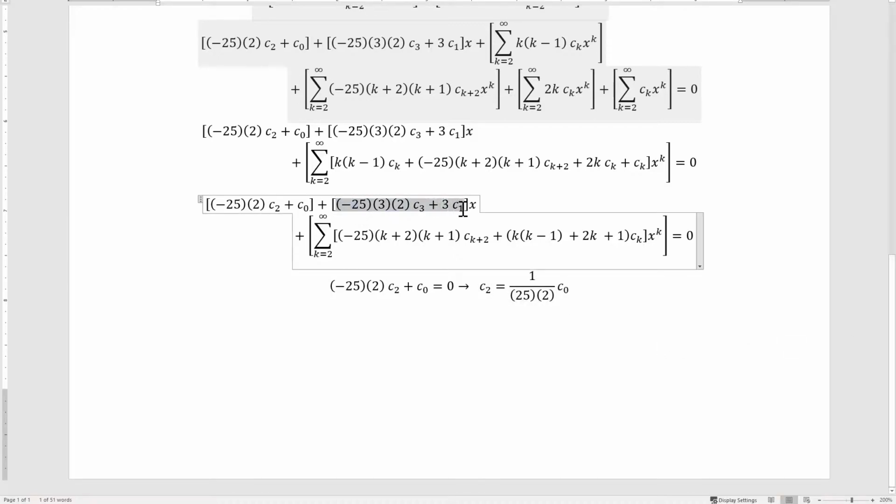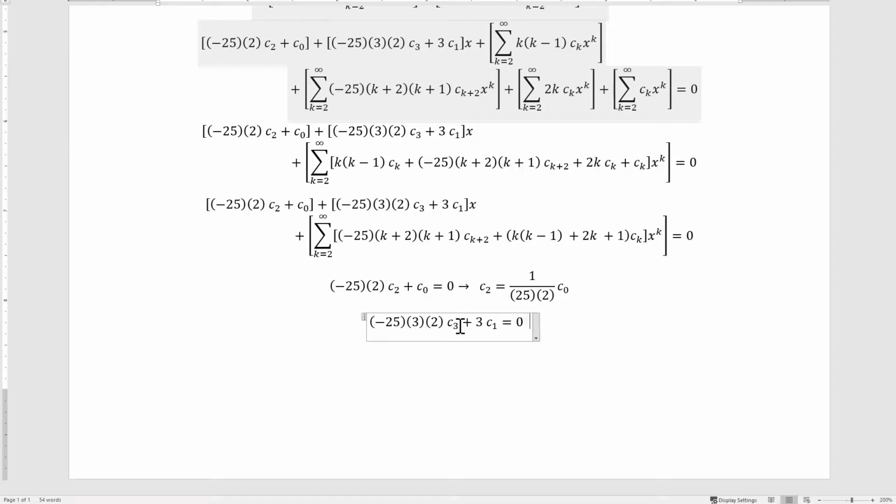All right, our linear term is also going to be set equal to 0. And what is this going to look like? So this looks like we're going to want to solve for c sub 3 in terms of c sub 1. So c sub 3 is going to equal, now we have a negative that goes on the other side, but it's going to cancel with this negative.